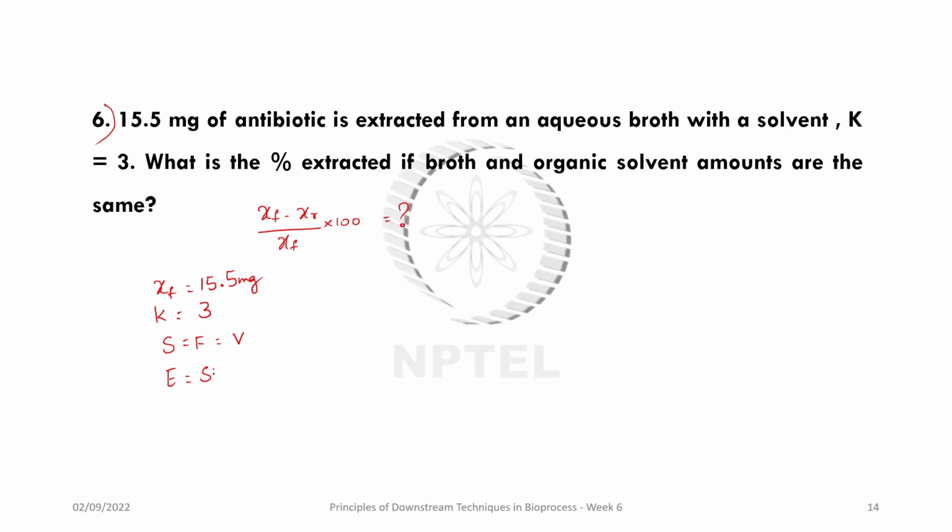E is equal to Sk by F. So I can directly cancel these two. I can even avoid this term V because you can directly cancel. So E is equal to K. Okay, so there are no multi-stages here.